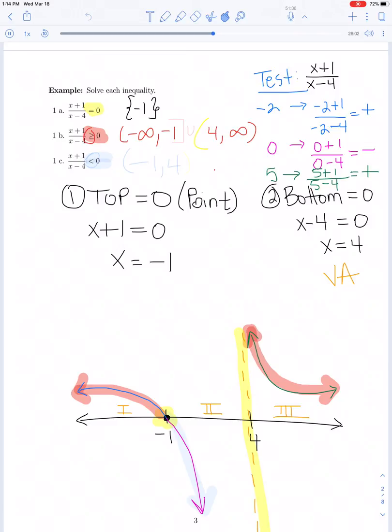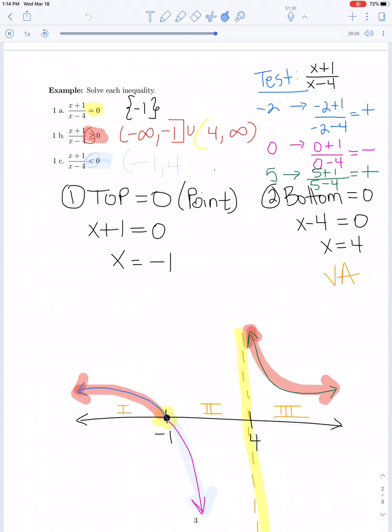We can, however, use a bracket at -1 because that is not an asymptote. That's just a point. Because of the equal to, I can use the bracket at -1. Now I need to put these 2 pieces together, so I will put a little union symbol in between, and we are done for part B.